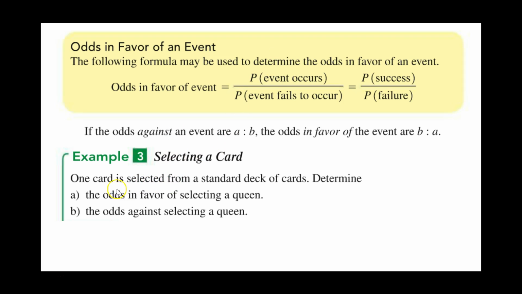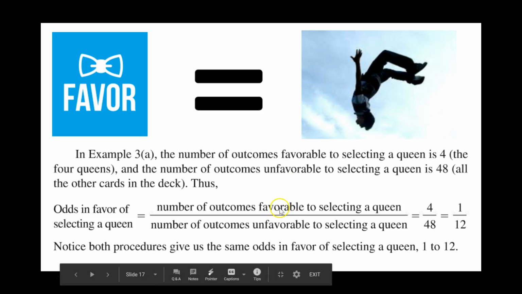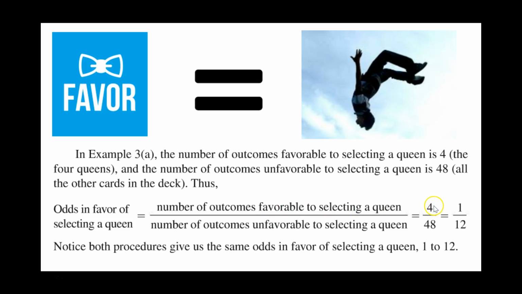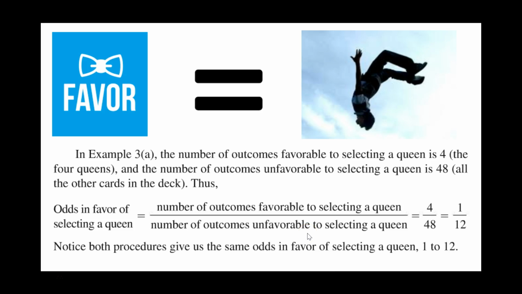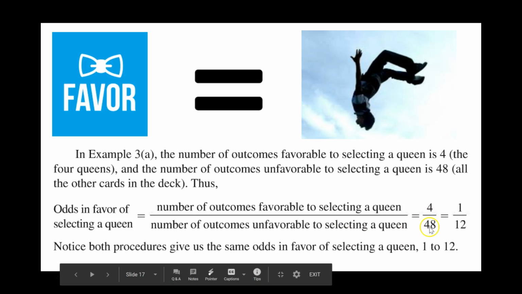So a few more examples. What is the odds in favor of selecting a queen from a deck? First of all, we have to understand how many queens are in the deck. There are 4 queens in the deck. You have the queen of hearts, the queen of spades, queen of diamonds, and the queen of clubs. So there are 4 of them. What are the odds of us not selecting a queen? If we take those four cards away from the deck, there's 52 cards in the deck, so 52 minus the 4 we take away is 48.